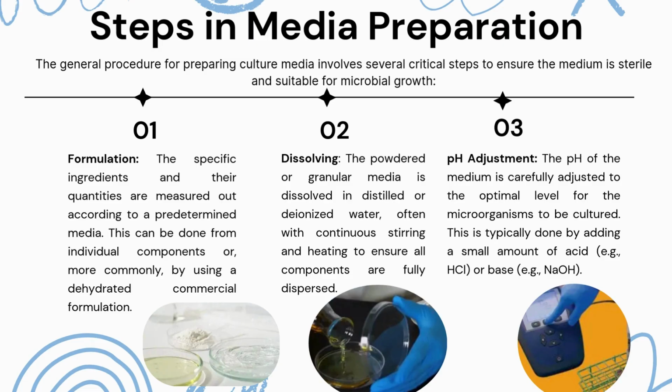The powdered or granular media is dissolved in distilled or deionized water, often with continuous stirring and heating to ensure all components are fully dispersed. After that is pH adjustment. The pH of the media is carefully adjusted to the optimal level for the microorganisms to be cultured. This is typically done by adding a small amount of acid, for example HCl, or base, NaOH.